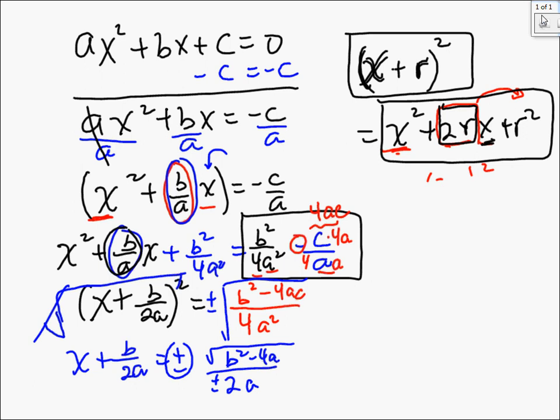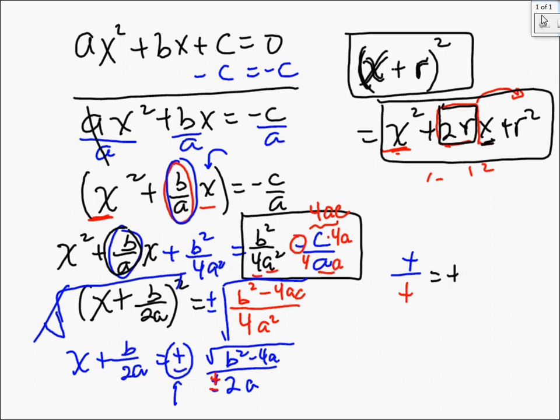So let me put this in a different color. Plus minus. You can use plus from in front, and you can use minus from the bottom. Well, let me start off with plus. Or you can use plus in the bottom. So you get plus.